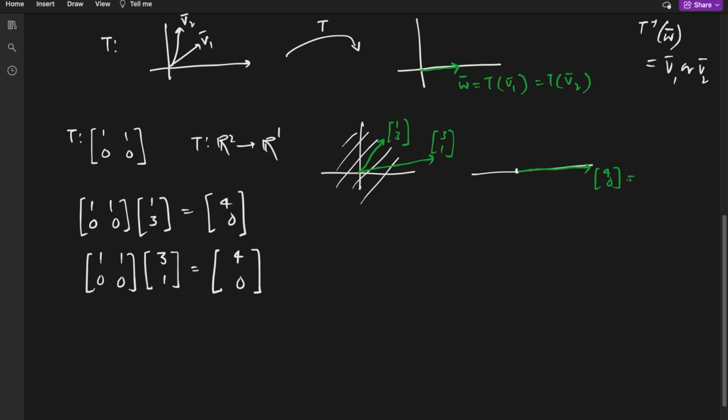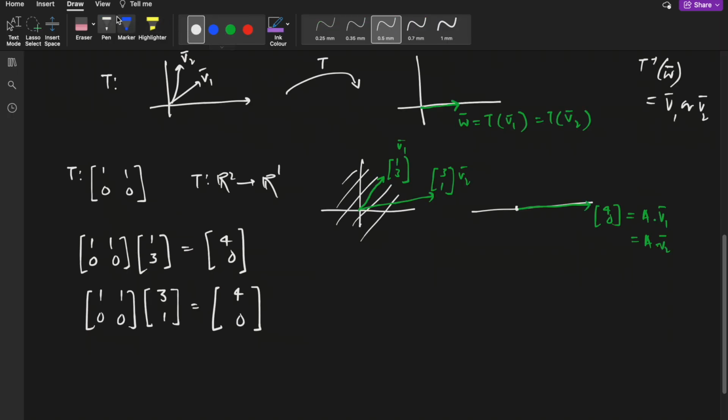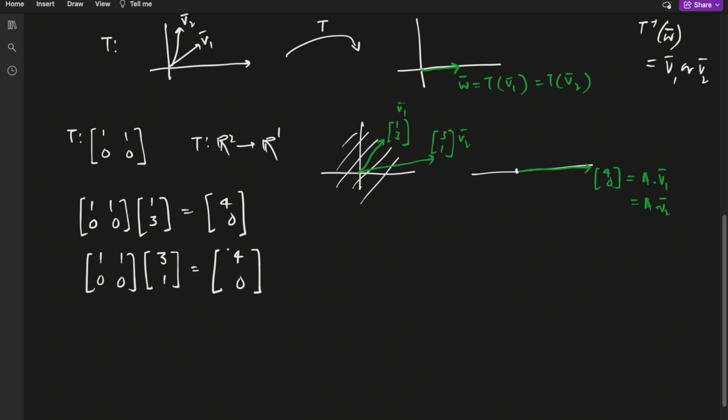So this is A times the vector v1, and the same as A times the vector v2. This is the perfect example for our case where the matrix moves more than one vector to the same output vector. So it is squashing the vector space.